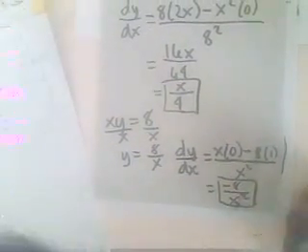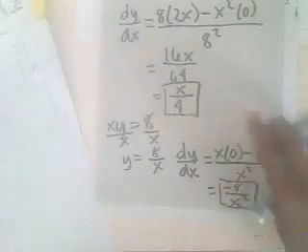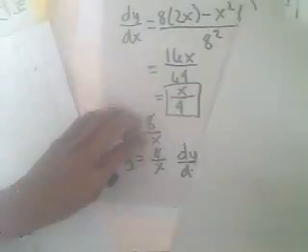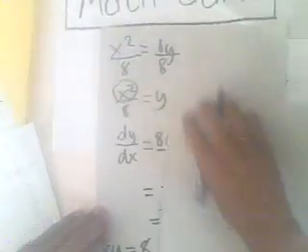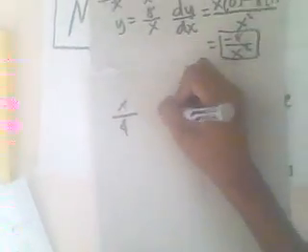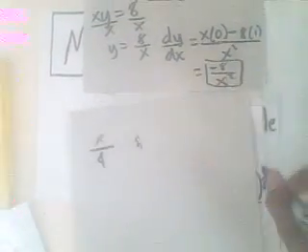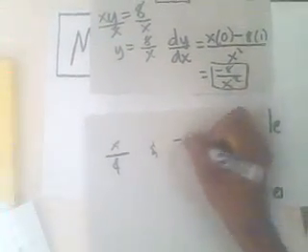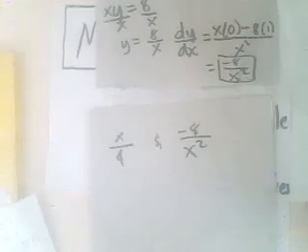The next step is to find the slope from each derivative. The first derivative is x over 4, and the other one is negative 8 over x squared.